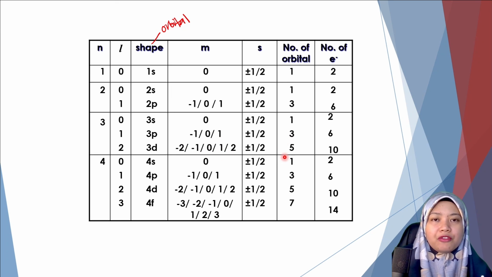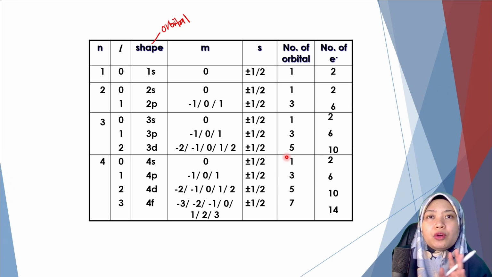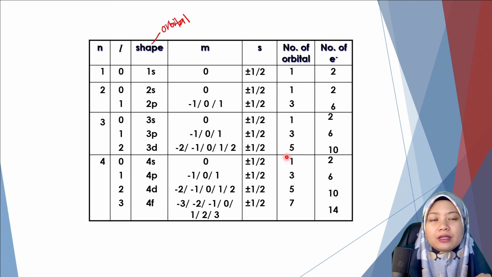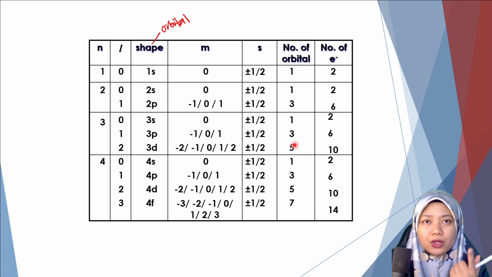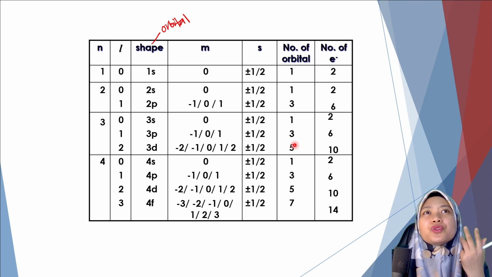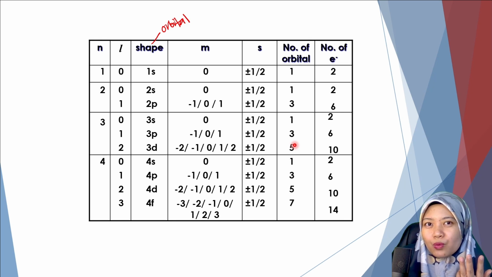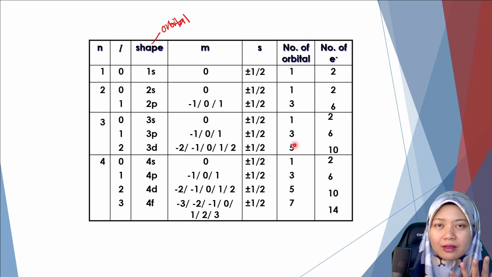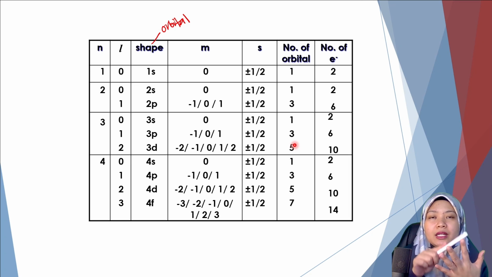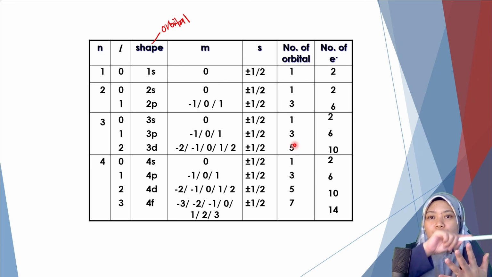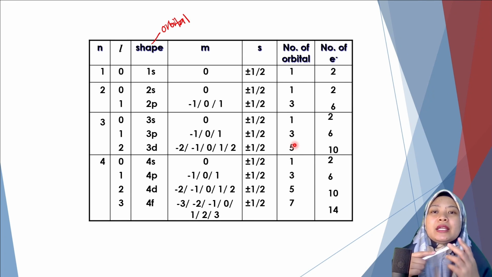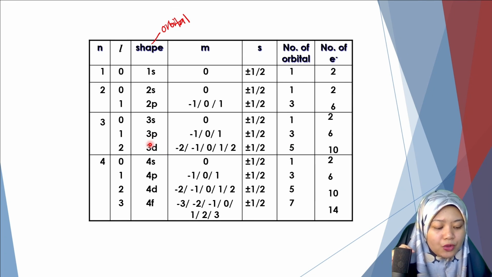That means there are 5 orientations of 3d orbitals, or 5 ways to draw 3d orbitals. So the total is 5. We have 3dxy, 3dyz, 3dxz, 3dx squared minus y squared, 3dz squared. For each orbital, the maximum number of electrons you can occupy is only 2. So the total number of electrons that can sit in the 3d orbitals is only 10.